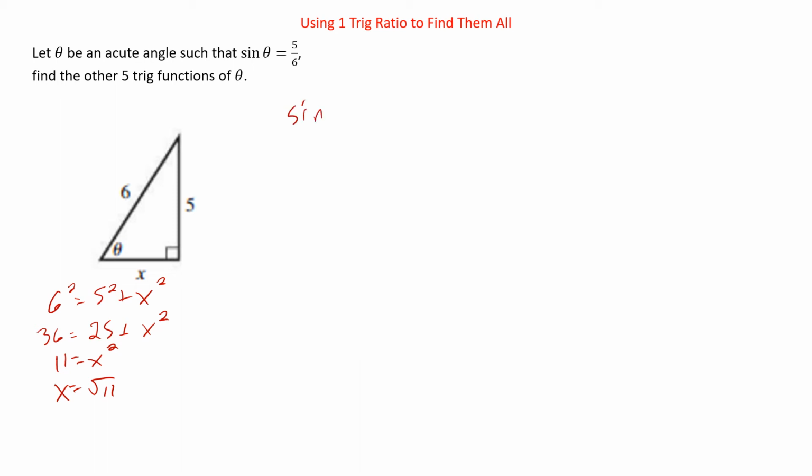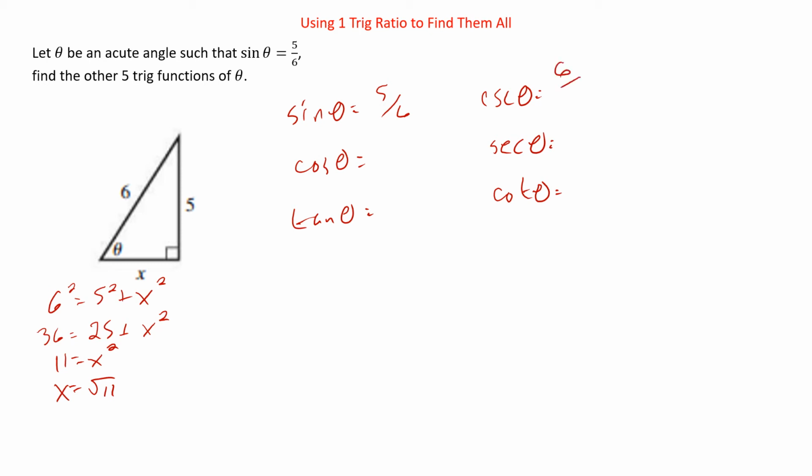So sine of theta, we know that one's 5 over 6. Cosine, tangent, cosecant, secant, and cotangent. So we know that sine is 5 over 6, which means cosecant is 6 over 5.